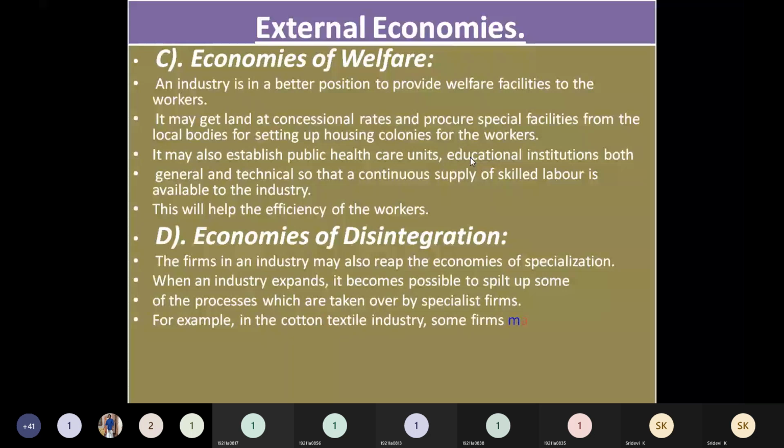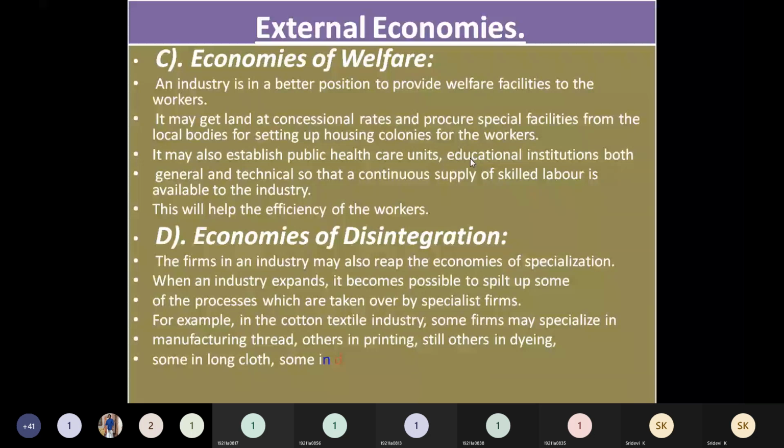When you take the example of the cotton textile industry, based on the specialized works they will have different small companies, like one company manufacturing thread, another company for printing. Some sister companies can be there. Instead of having all these things in one area, you can split them and start them in the society, like another company for dyeing, based on the processes.